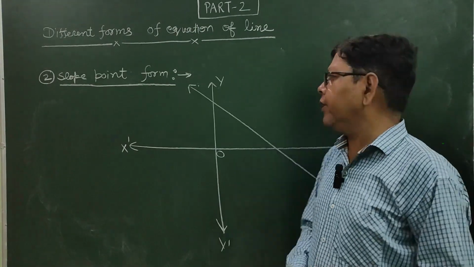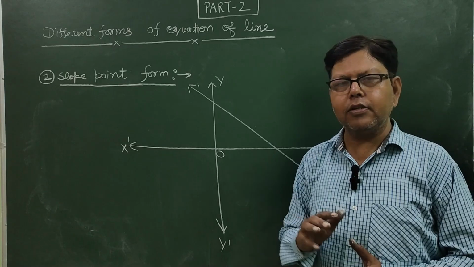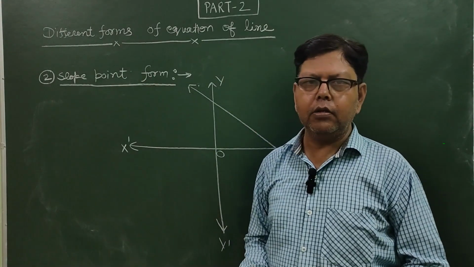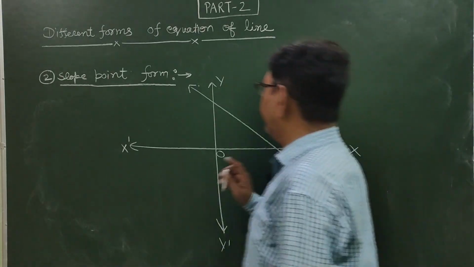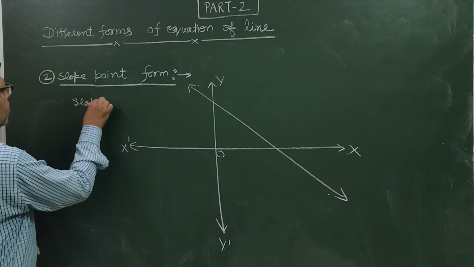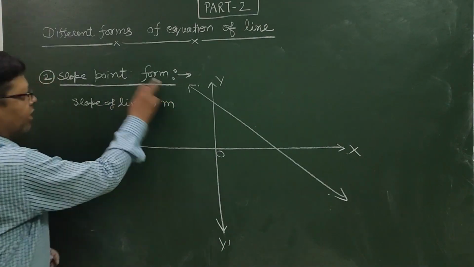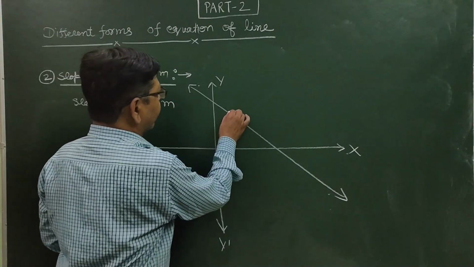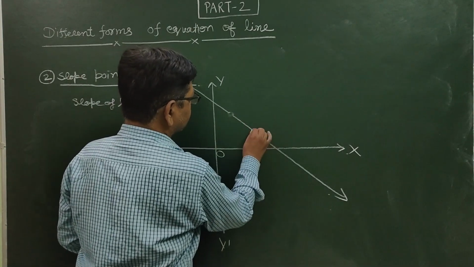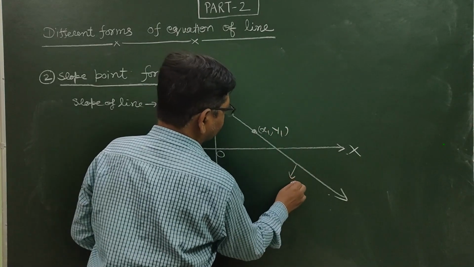Now the second form is the slope point form. From the name it is clear that the slope will be involved and a point will be involved. So let the slope of this line be m, and this line is passing through the point x1, y1 and having the slope m.